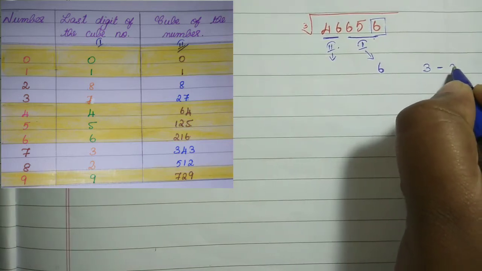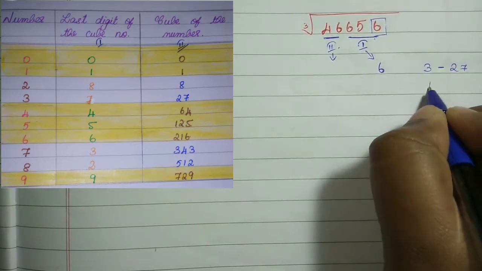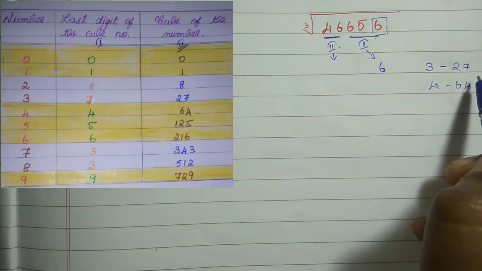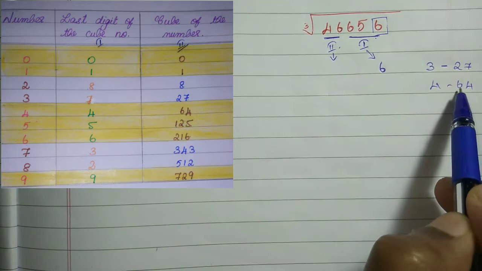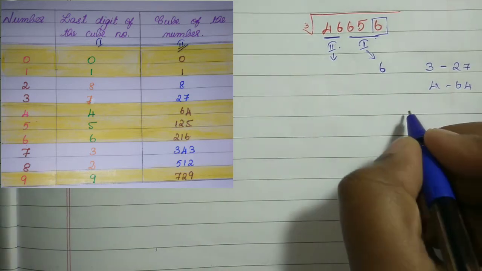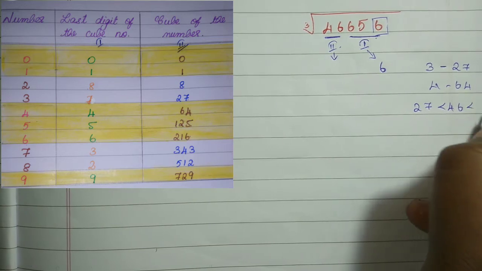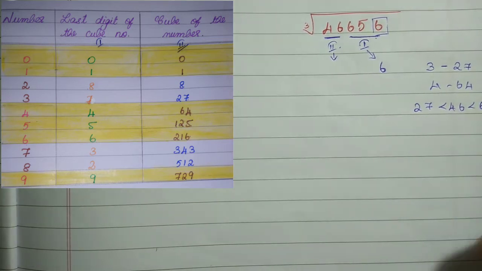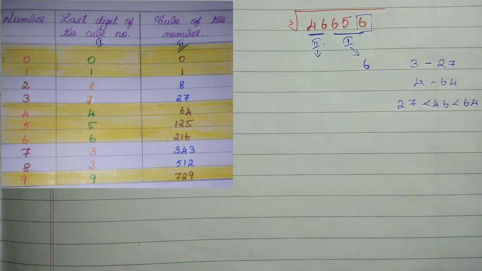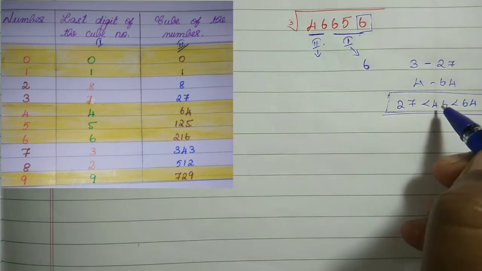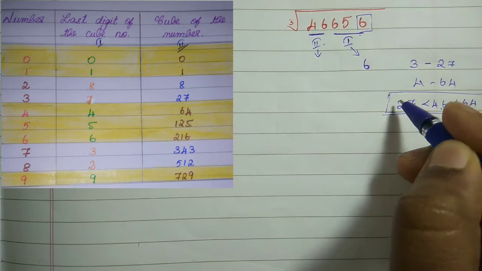So cube of 3 is 27. Cube of 4 is 64. So here what I will be doing, 46 is less than 64. So it is 27 is less than 46, less than 64. So 27 only I will be taking.